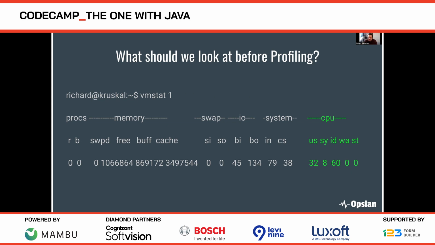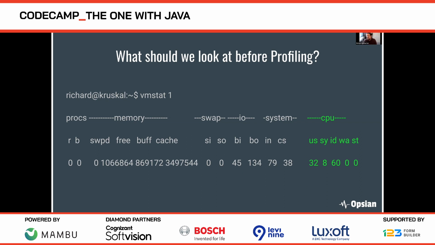Those categories are: user is time spent in user space, so your application executing on CPU. Sy, system, that's in kernel space. Idle, sitting around doing nothing. Wa, waiting on external I/O operations, and st for steal. So what we're looking for are situations where, firstly, is our CPU time spending a lot of time in user space in our own system, in which case you want to profile and try and reduce CPU usage.